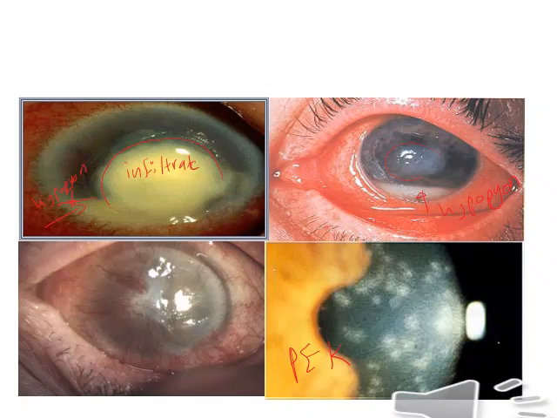What is our workup in this condition? First of all, in this picture, an aggressive infiltrate with hypopyon, we should take a swab for culture and sensitivity.